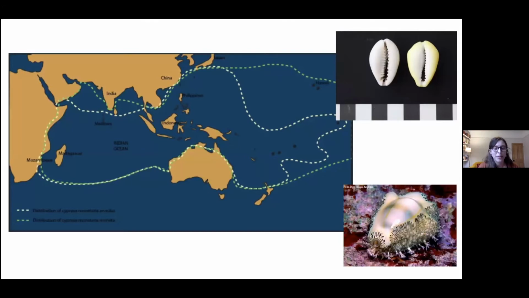Just a brief overview. These are cowrie shells on the top right of the screen. There are lots of different species of cowrie shells, but the two main ones that were used very widely historically and archaeologically are Monetaria annulus, which is the one on the left, and Monetaria moneta, which is the one on the right.